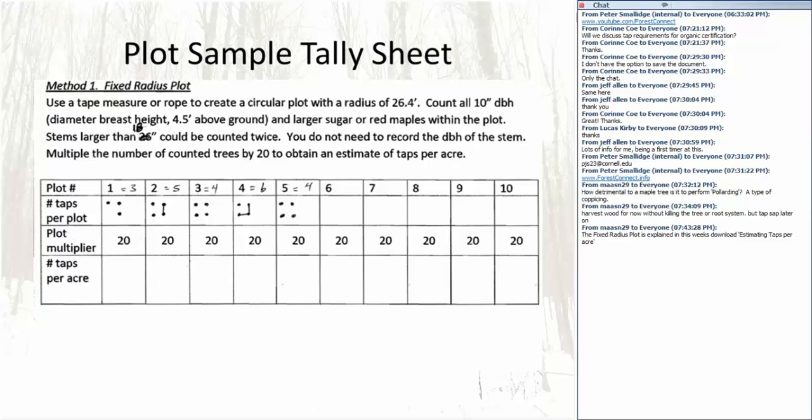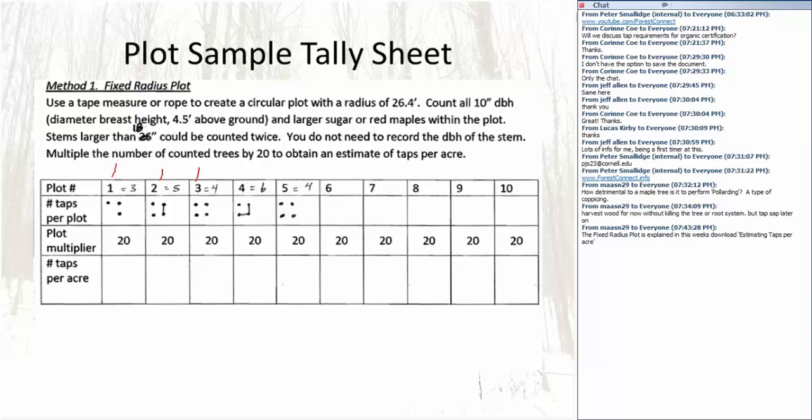I like using what's called the dot dash system. So here we have plot 1, plot 2, plot 3. You can see that you go across, we have up to 10 plots. Remember, you're going to want to do 1 plot per acre, and then each dot represents a tree.